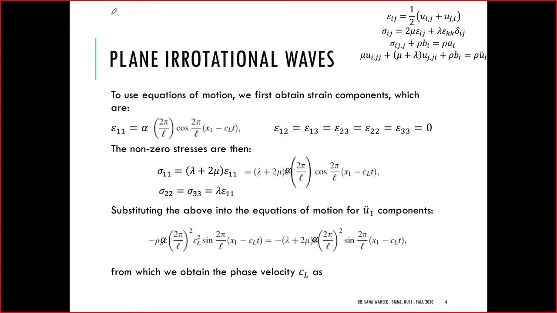So when i equals j, only then delta ij is equal to 1, right? So all that this delta ij does is it tells us that this term, this plus lambda epsilon kk, the lambda trace, will only get added to those terms where i equals j, otherwise the lambda and the trace get multiplied to 0.